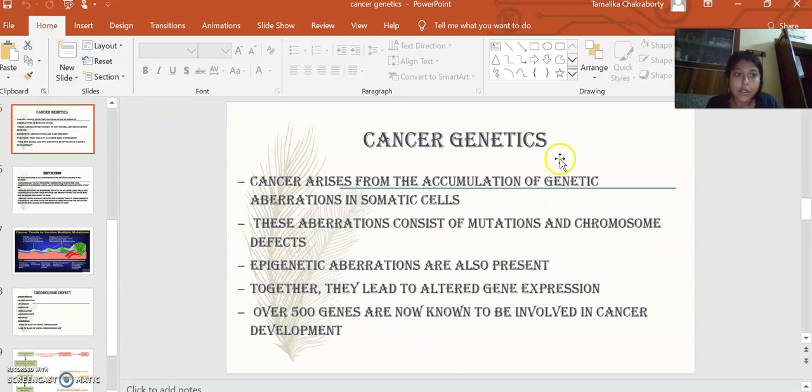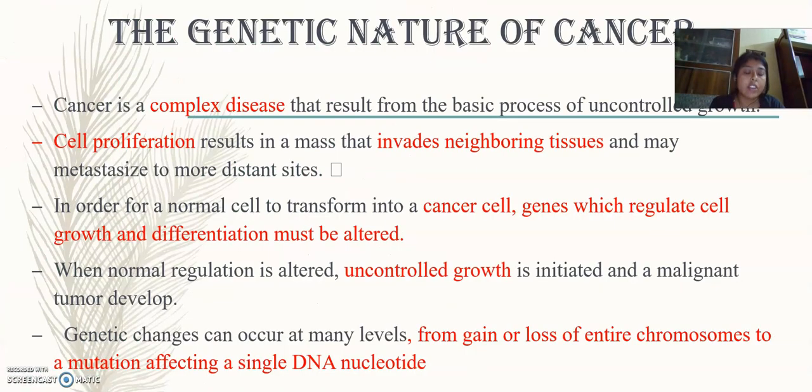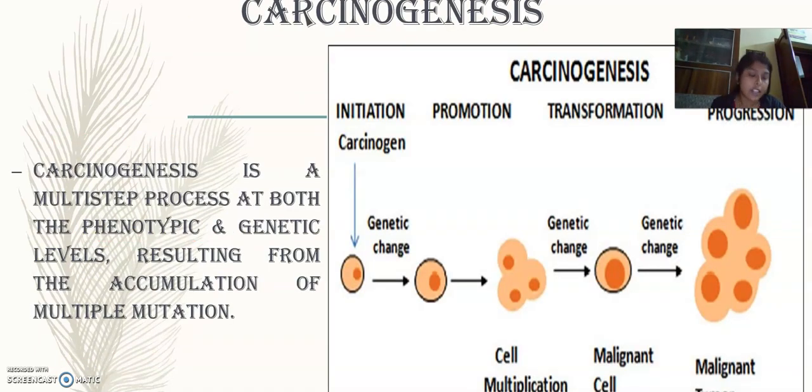If you have any questions, I will just give a brief recapitulation of the whole thing. From the first slide, we know that cancer is a complex disorder and it leads to cell proliferation, right? Next is carcinogenesis. What is carcinogenesis?